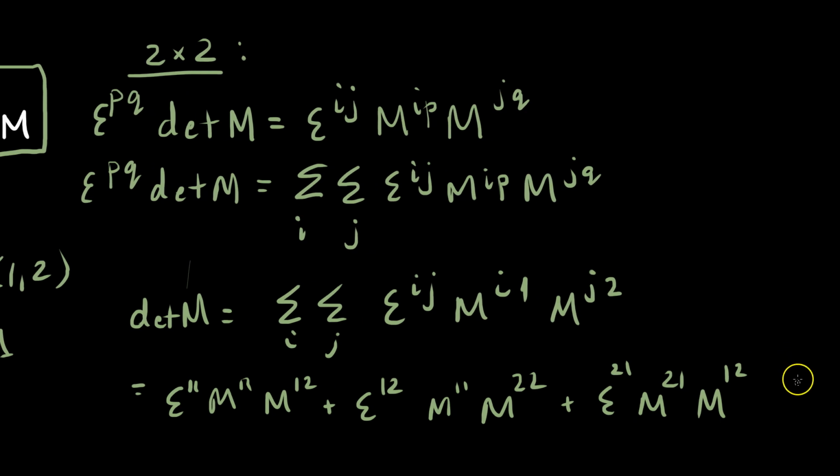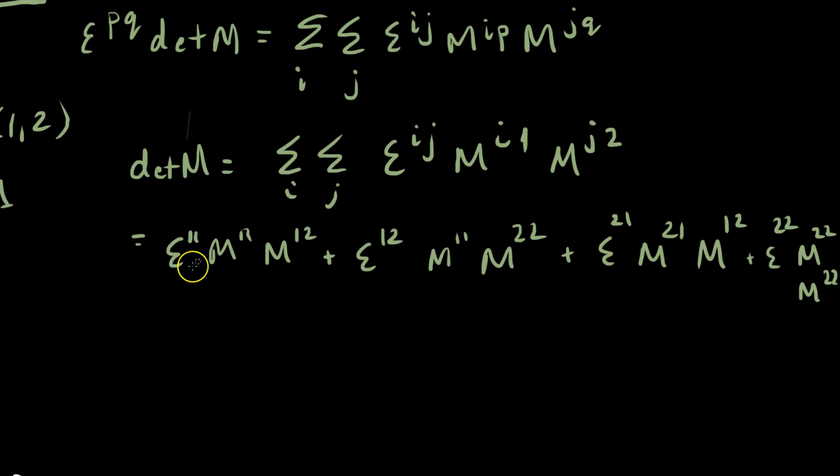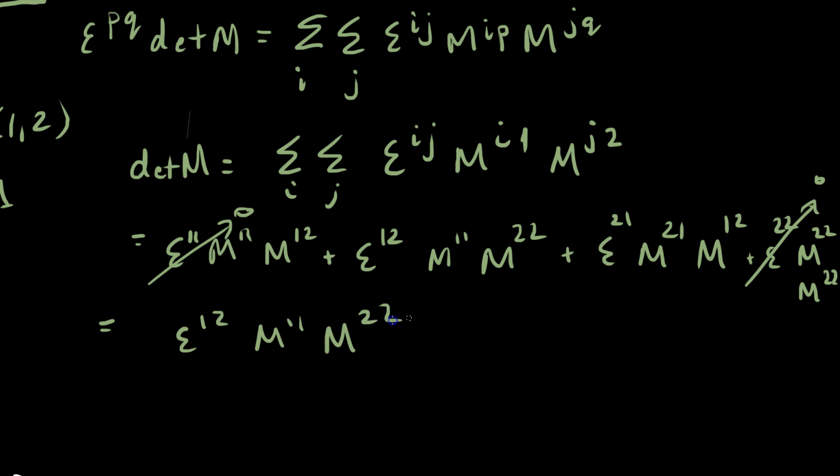And then lastly, plus epsilon 2, 2, M21 M22. I ran out of space, sorry. But we know that if epsilon has two numbers that are the same, it's 0. So this guy is 0, and this guy is 0. So we're just left with epsilon 1, 2, M11 M22.